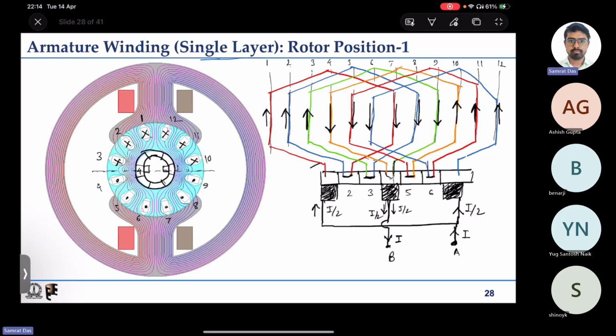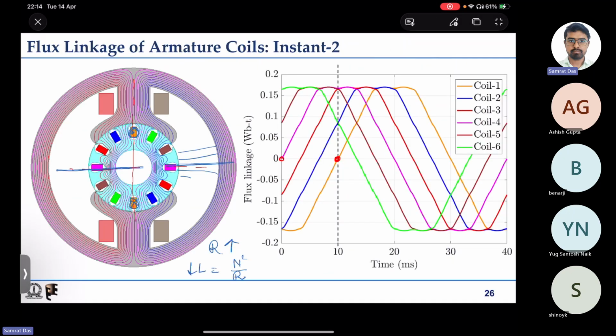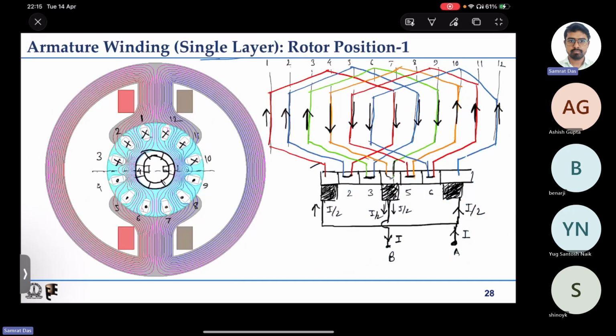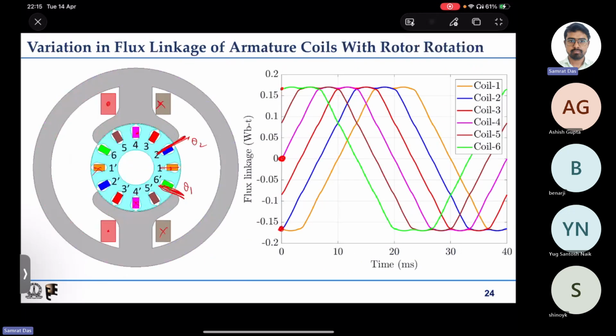Let us try to see which coils are having induced EMFs. So the red coil between slot 1 and 7, let us try to see for this rotor position. So we are discussing some position like this, where coil 1 is here.